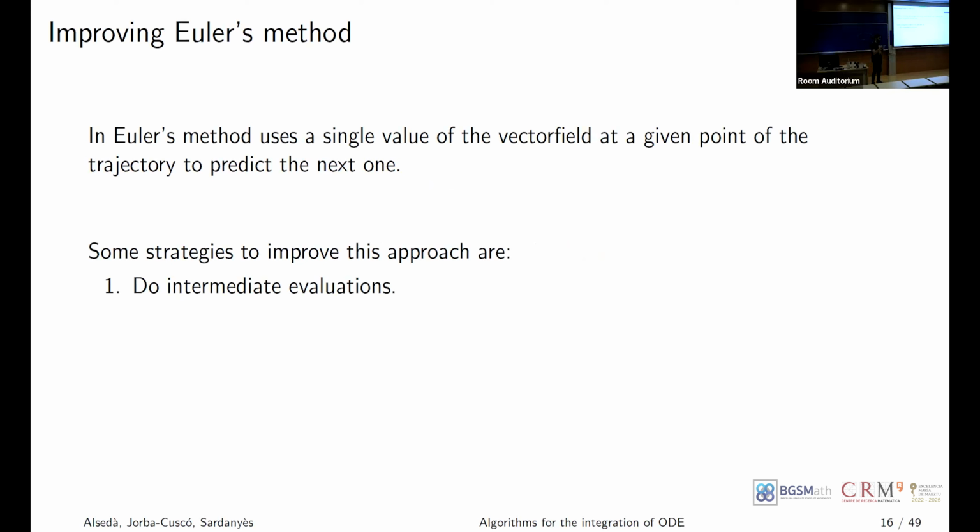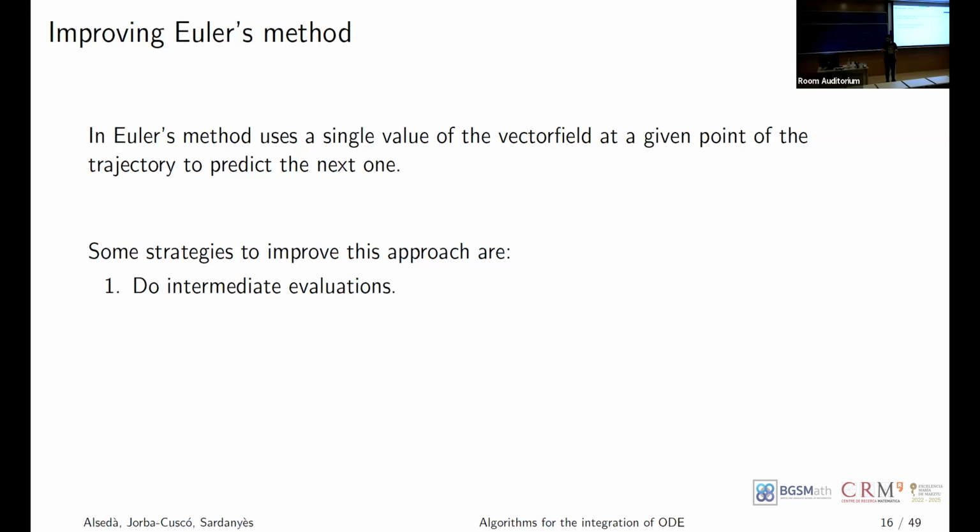So ways to improve that. Well, take intermediate evaluations. If I want to go from time t0 to time t1, I can try to have some information from time, for instance, t1 half or t1 third, something between t0 and t1. That's a way to improve.